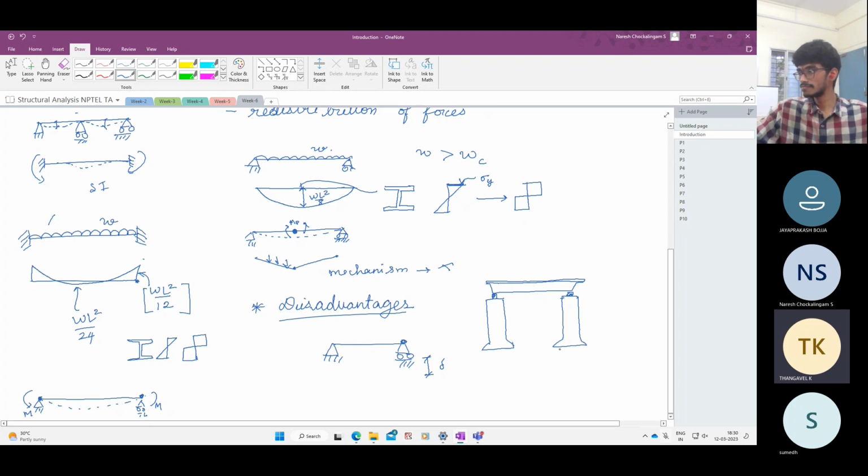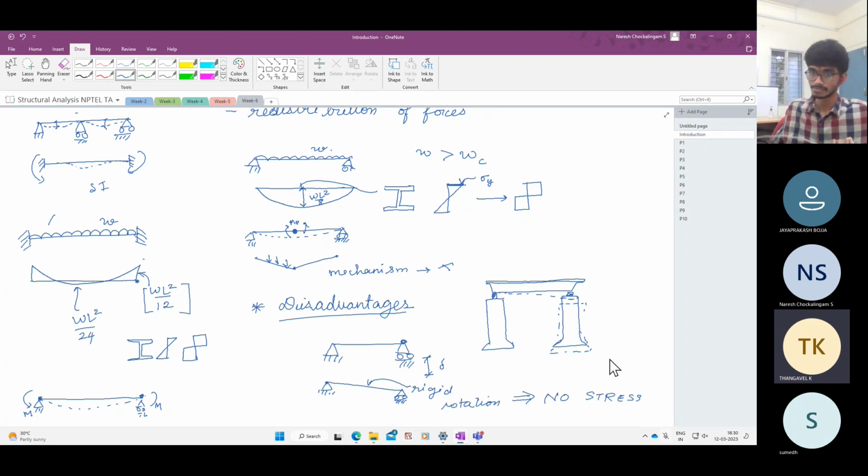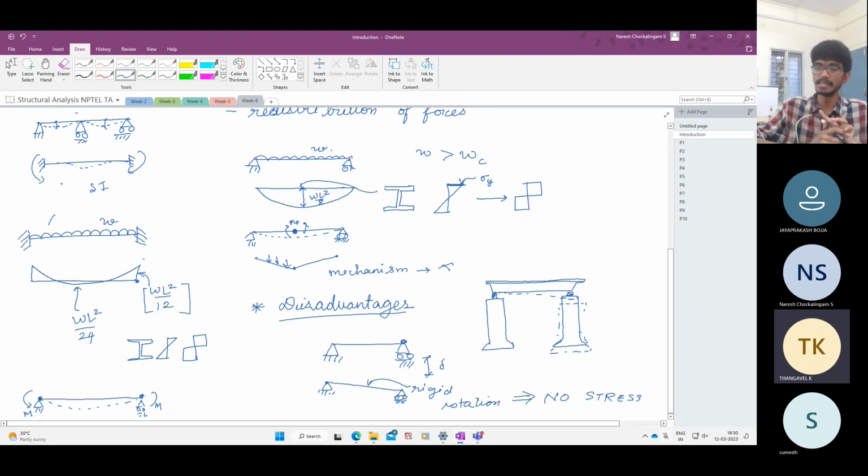Now, because of some issue, say the soil here is suddenly becoming weak, and if this support sinks a little bit, say it goes here, what happens? The bridge deck just rotates. So if the support sinks and it is simply supported, it simply rotates this way. Since it is a rigid rotation, it doesn't generate any internal stresses. So that is the benefit.